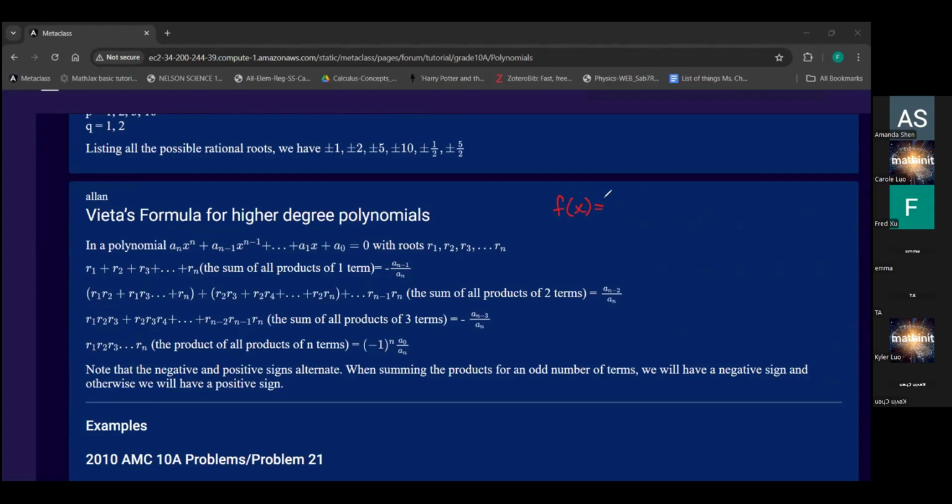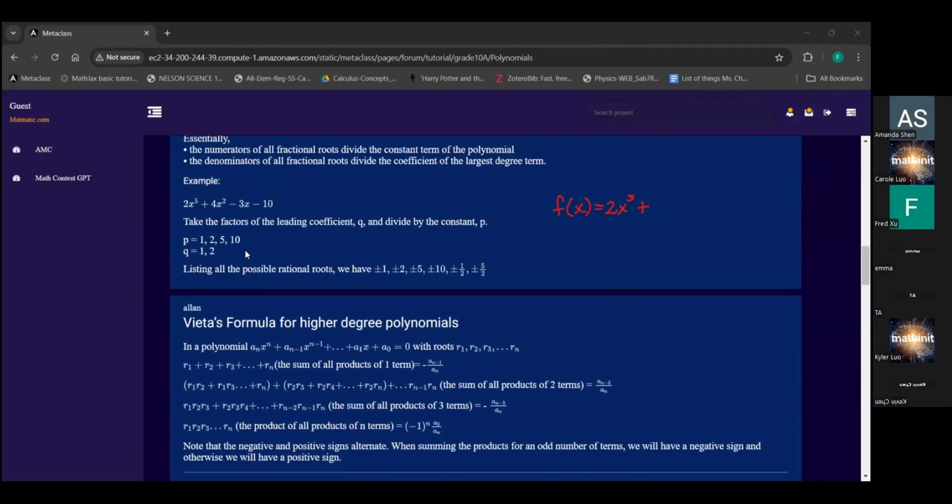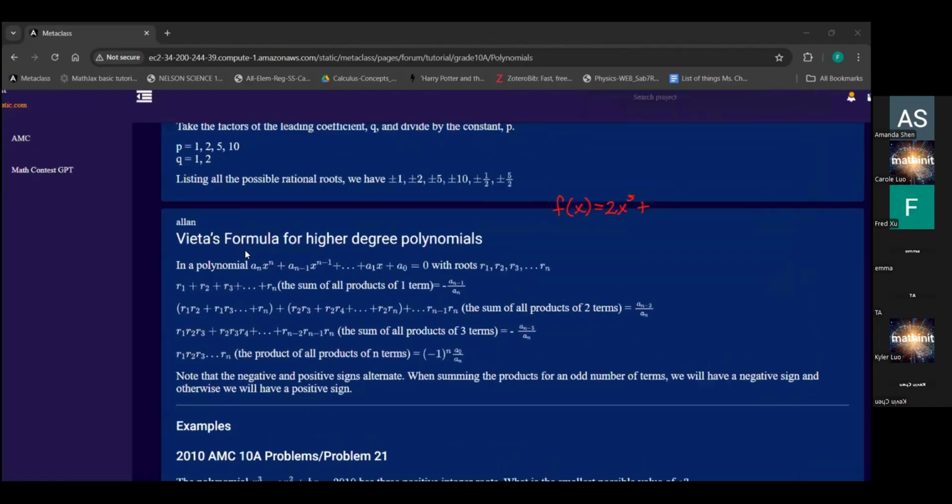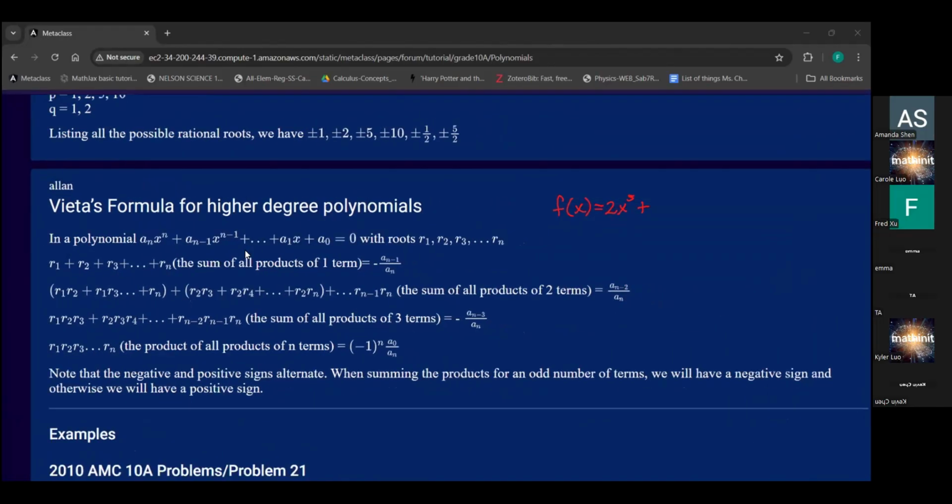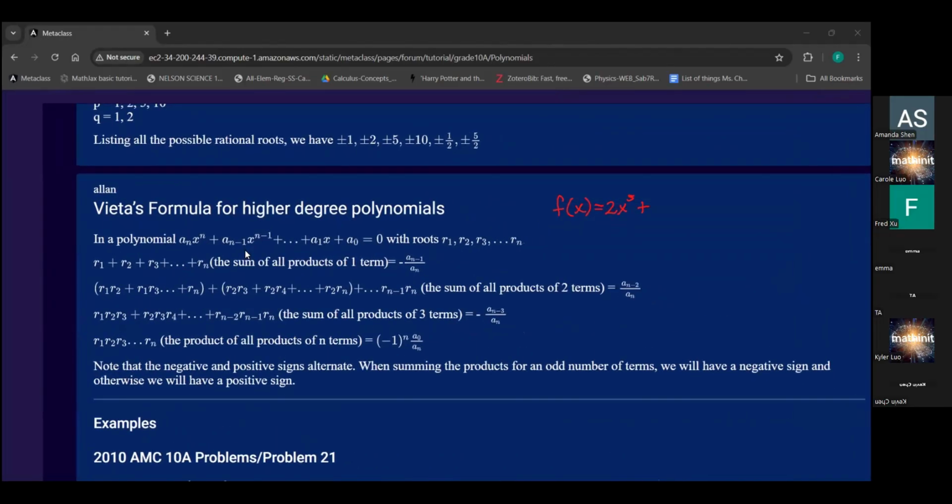F of x is equal to, what was it? 2x to the 5 plus, okay, I'm forgetting, what is it? 4x squared minus 5x minus 10. Okay, so we're just going to be reusing this polynomial.